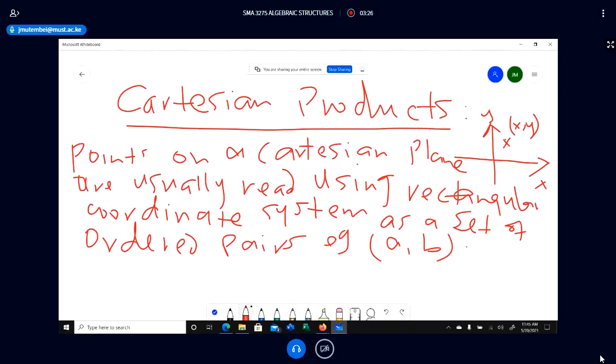When we read the coordinates of a point in the Cartesian plane, we normally understand that the first value is the x coordinate and the second value is the y coordinate.